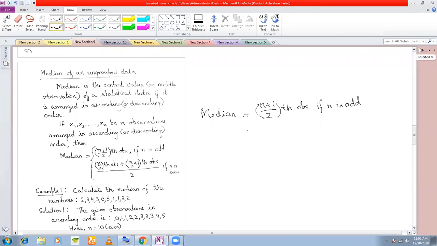And it is equal to, now for an even number of observations, suppose you have six observations: 1, 2, 3, 4, 5, 6. The middle observation will be two of them, right?